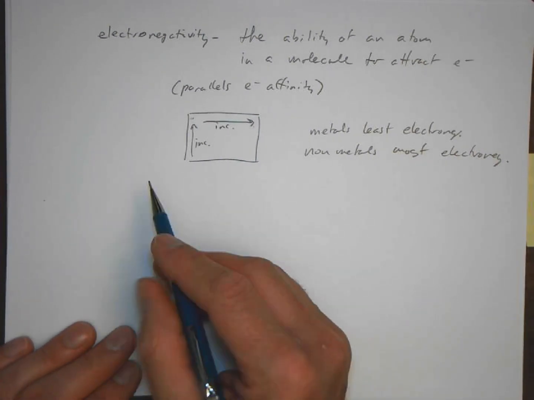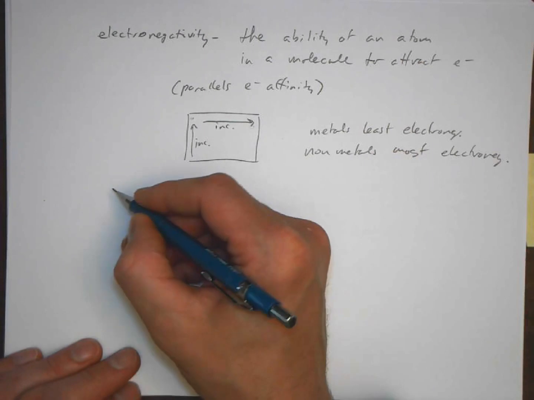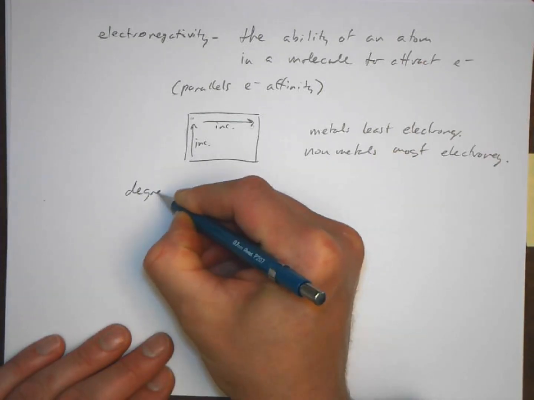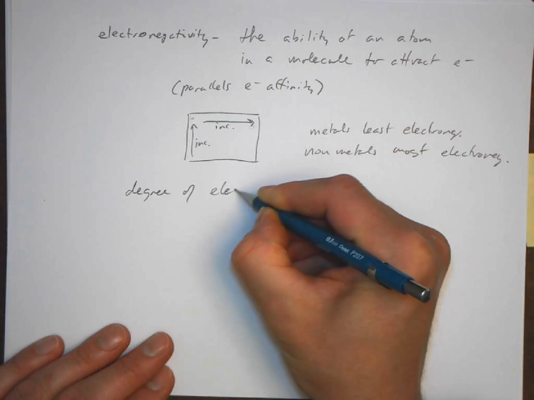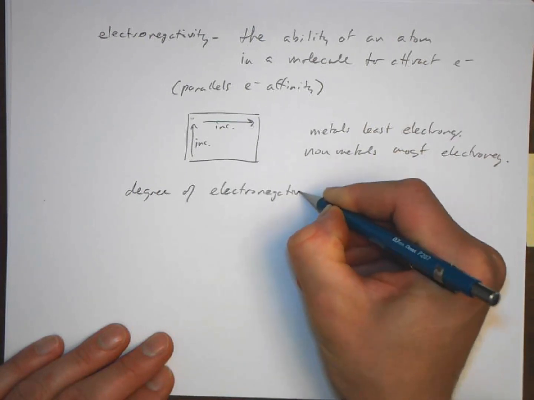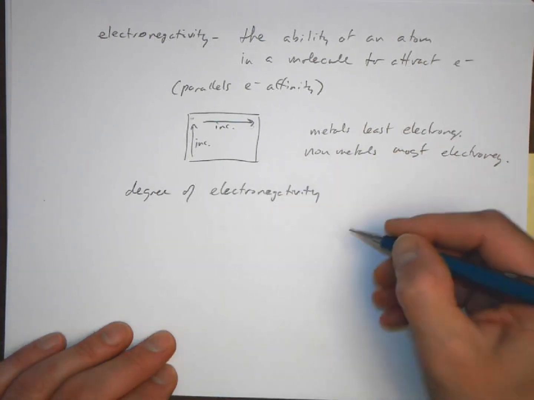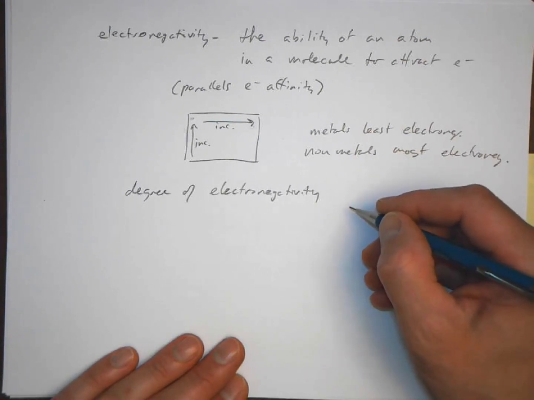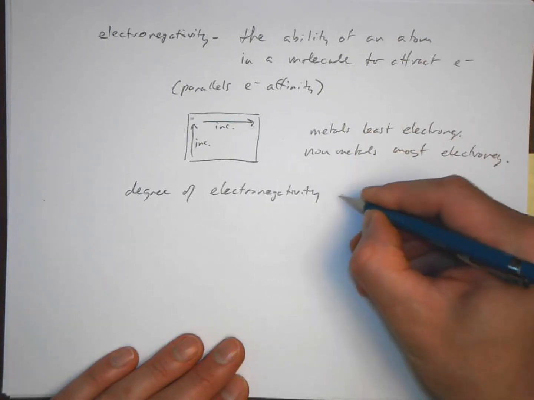Okay, so that's what the idea of electronegativity is. And so what we can say is that the degree of polarity depends on the magnitude of difference in the electronegativities of the atoms forming the bond.